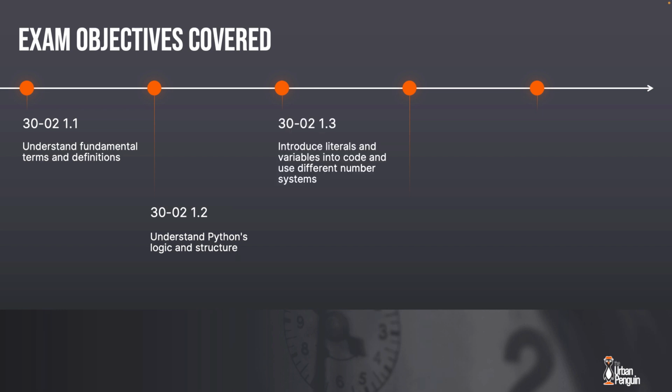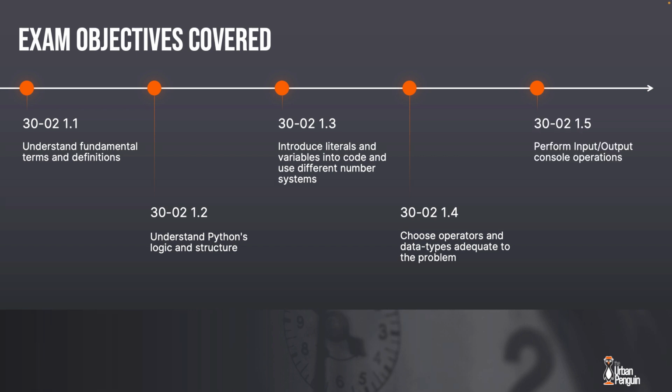In 1.3, we need to introduce the idea of literals and variables into our code and use different numbering systems. For 1.4, we need to choose operators and data types that are appropriate or adequate for the problem that we're trying to resolve. And finally, we're looking at 1.5, performing input and output operations from the console.